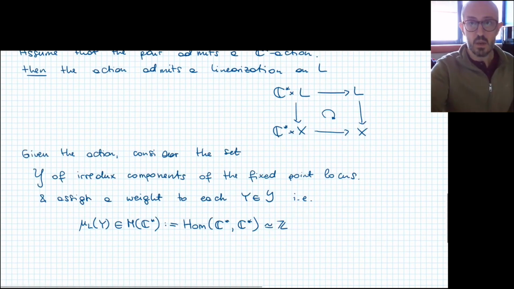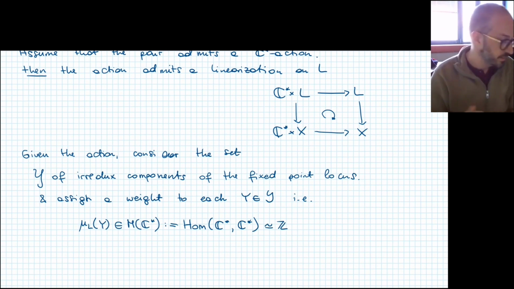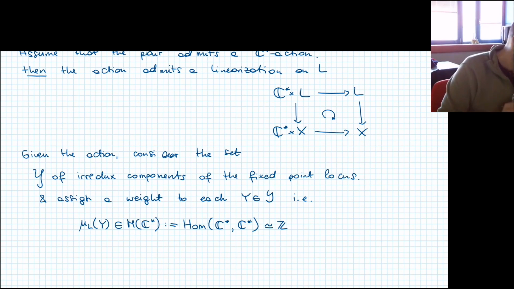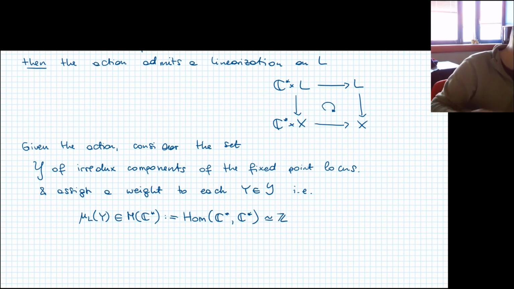So I've just said that you have these fixed loci components, and you take one single component, and to each single component you can assign a weight that in the end turns out to be an integer with this isomorphism. So we can think of mu_L as an integer, and call such values critical values.